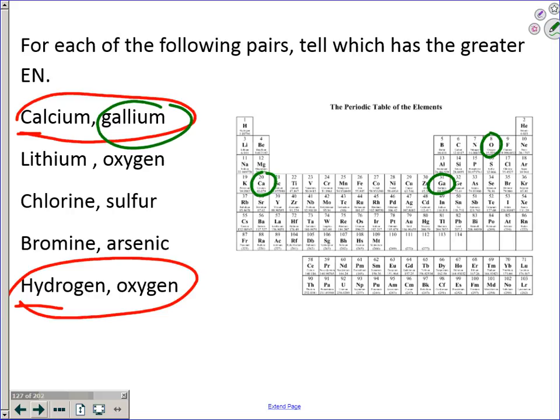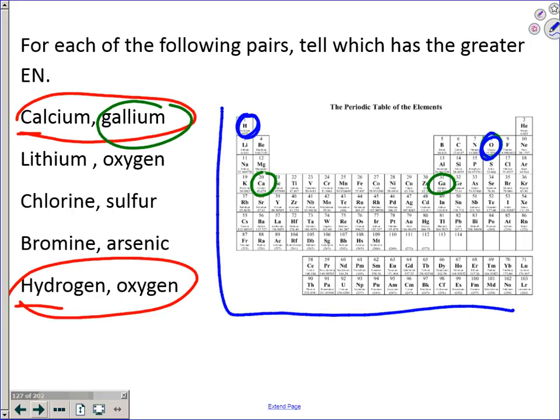Okay, so let me tell you why. Here's oxygen, here's hydrogen. We have a kind of weird situation, because this one's at the top of its category, so it's pretty high in terms of electronegativity. But this one's not only close to high in its category, it's also even farther to the right. So it's got two things going for it. It's high and it's to the right.